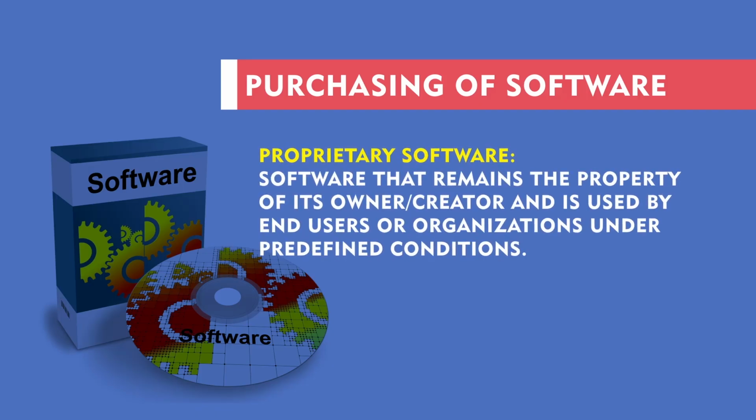Proprietary software is one of the most important categories of software, where different companies or software organizations develop software for their business purposes and sell it to the specific people who need it.